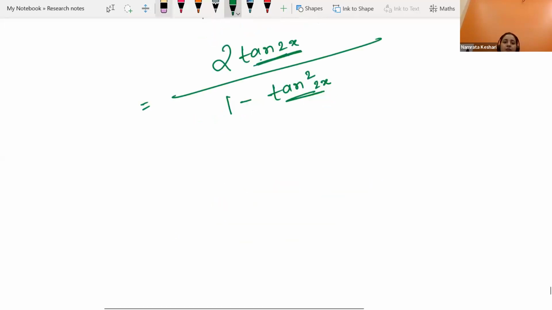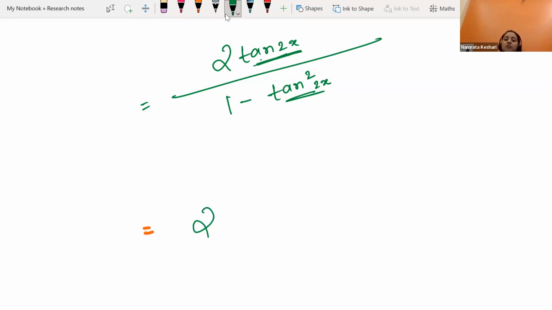Let's use it, because you don't have to plan that this is how we'll be doing it. Planning doesn't work when we have to prove. Whatever is coming on your way, just keep on doing, and you will end up proving. So on our way, one more tan 2x came.